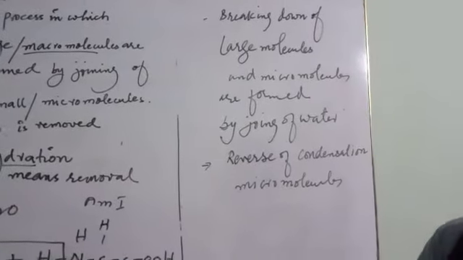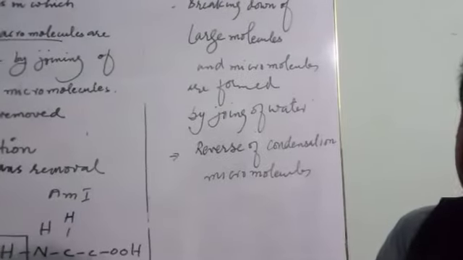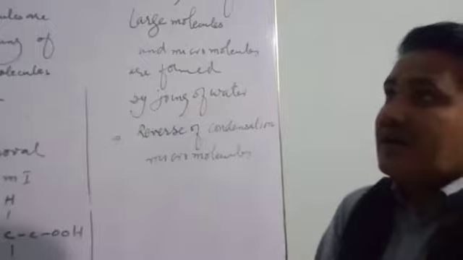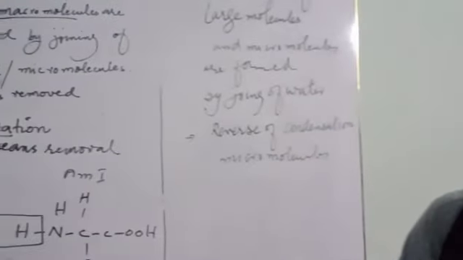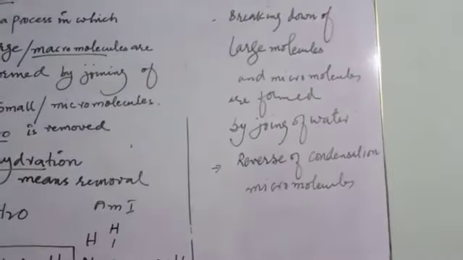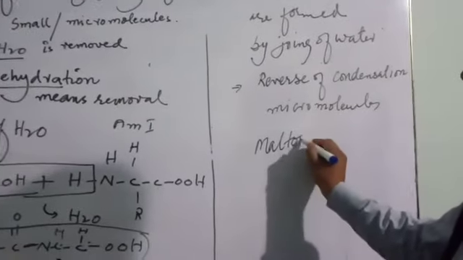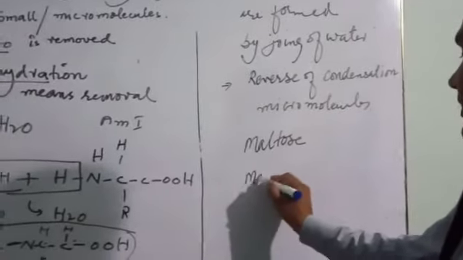In this process, micromolecules are formed. When we break polypeptides, we add water. Or suppose we have a carbohydrate, maltose, which is a macromolecule.